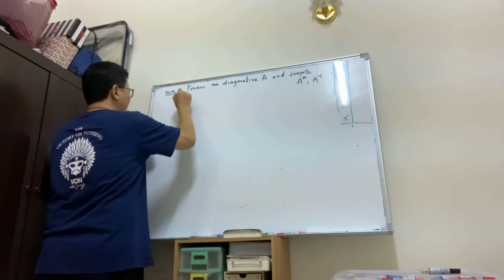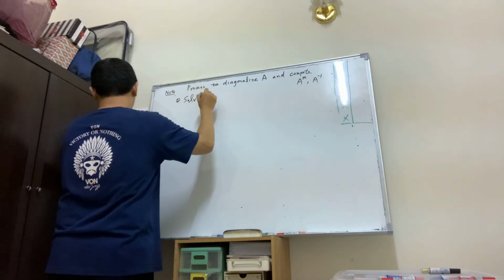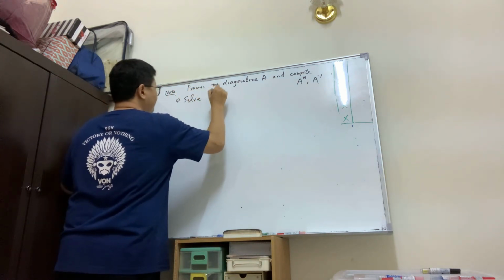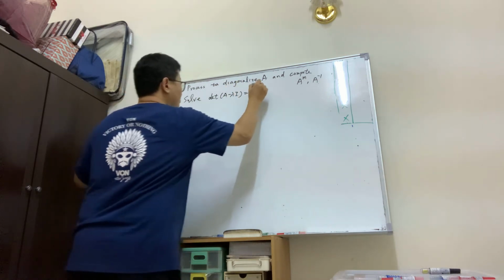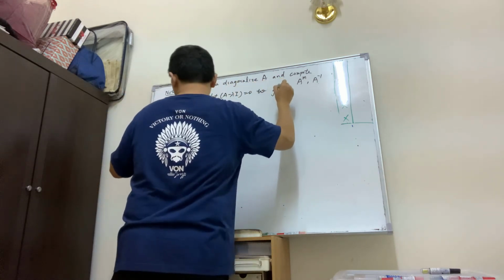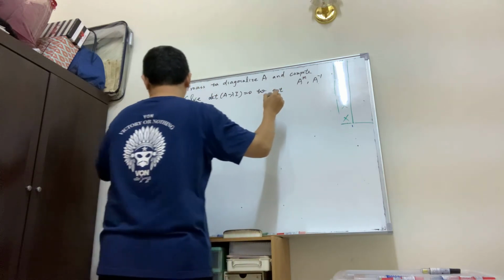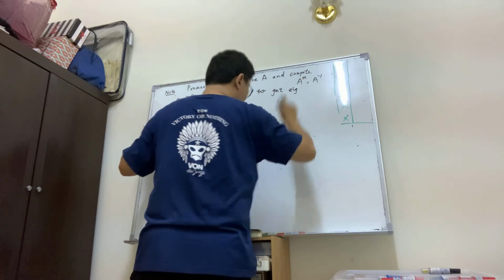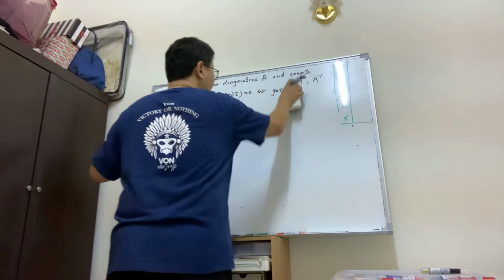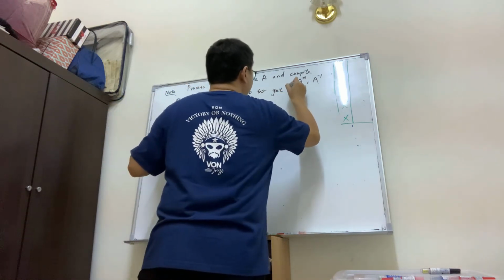The first step, we solve the determinant of A minus lambda I equals 0, and we get the eigenvalues. First of all, we should figure out the eigenvalues.